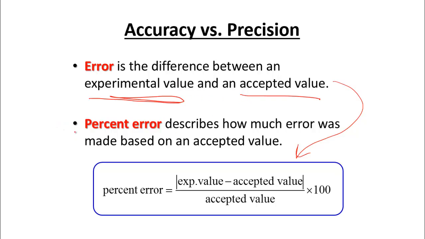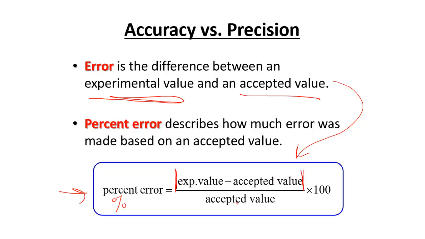What we really calculate a lot in chemistry is the percent error, which describes how much error you had based on the accepted value. Here is the equation for percent error. You take the experimental value minus the accepted value, and you take the absolute value, so if you end up with a negative value inside, we don't care about the negative sign.